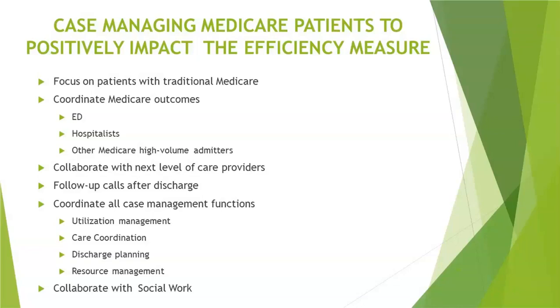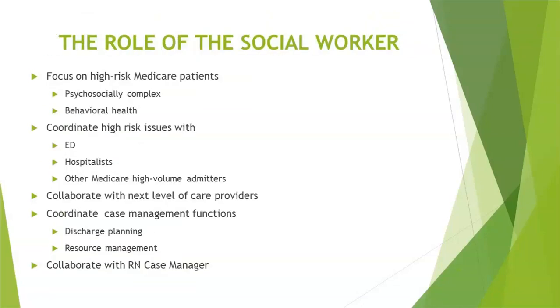Managing all your functions and collaborating between the RN case manager and the social work case manager, because we also know that social determinants of health are going to be a factor that might affect our efficiency measure, because they may slow down the length of stay. So the social worker is going to look at those high-risk psychosocially complex or maybe behavioral health or chemical dependency patients or other indicators that you might have in mind.